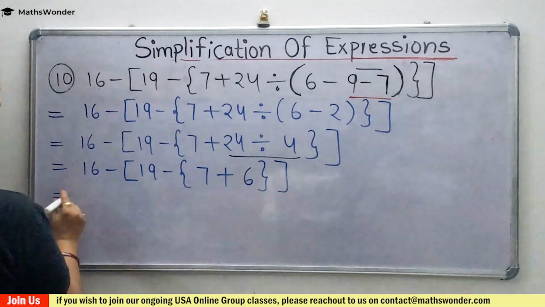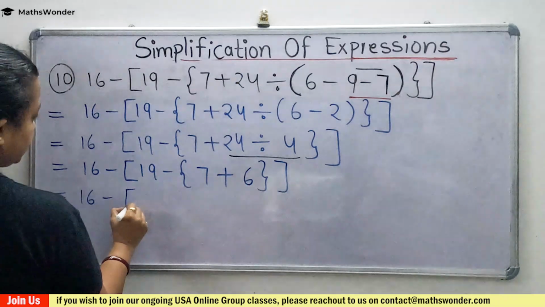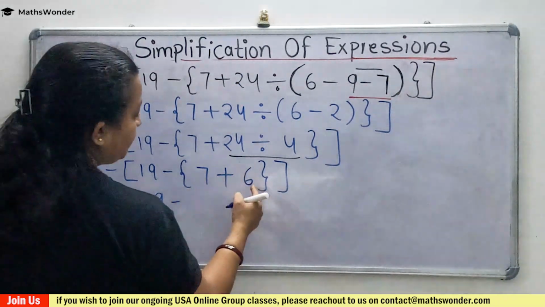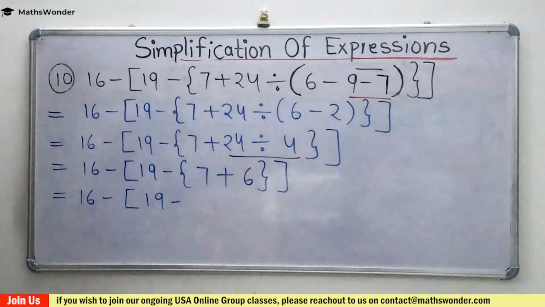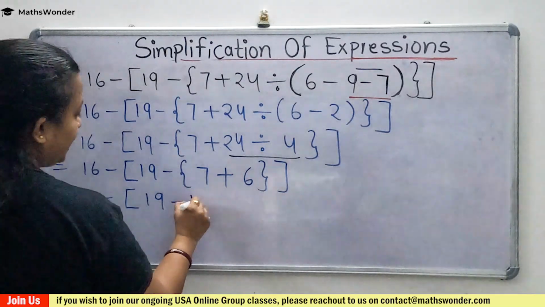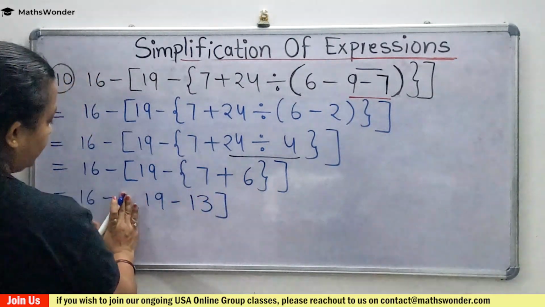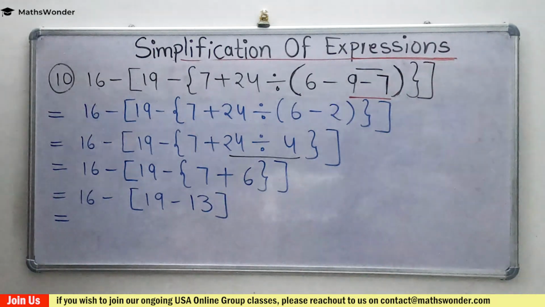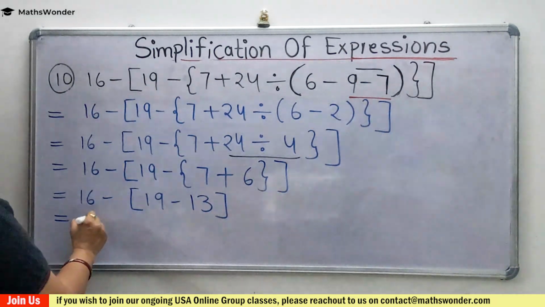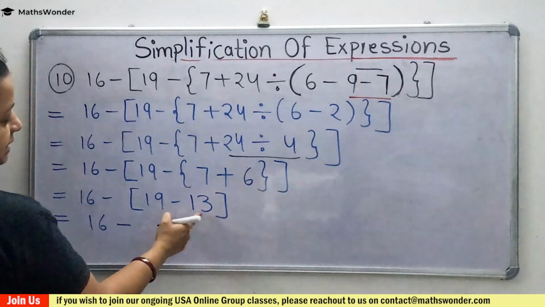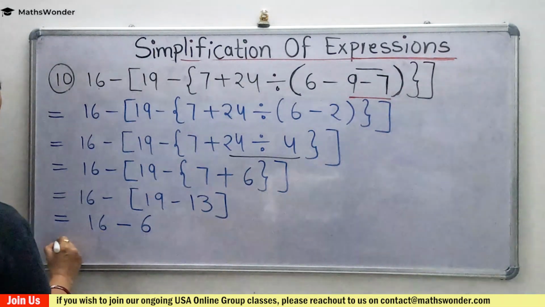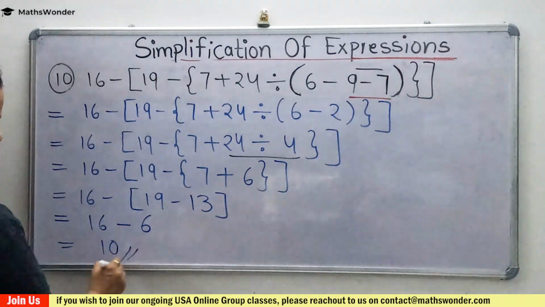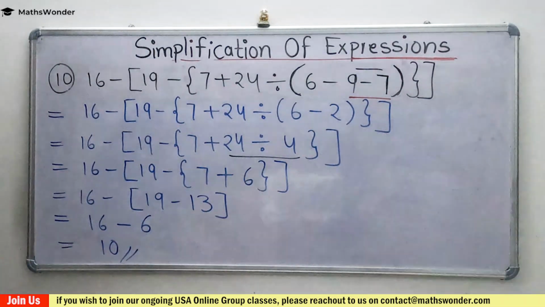Now 19 minus 7 plus 6 is 13. So automatically the curly parenthesis will be removed, right? One by one we'll use the operation and then see, 19 minus 13 will be 6. So your answer is 10. It's easy.